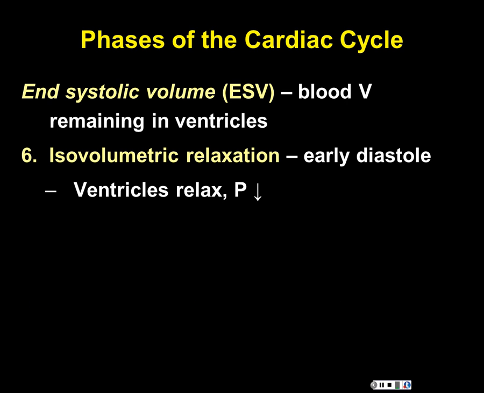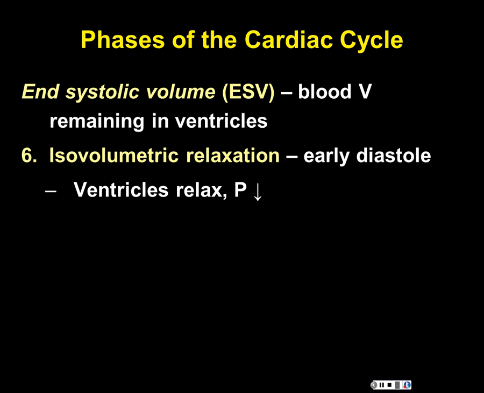The next thing is, at the end of systole, there may be a small volume of blood remaining in the chamber, so the left ventricle doesn't necessarily have to eject 100%. So we can have a measurable amount of blood in the ventricle following systole, and it's called the end systolic volume. And again, this volume proportionately should be what?